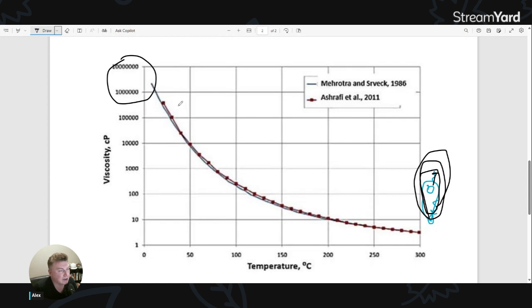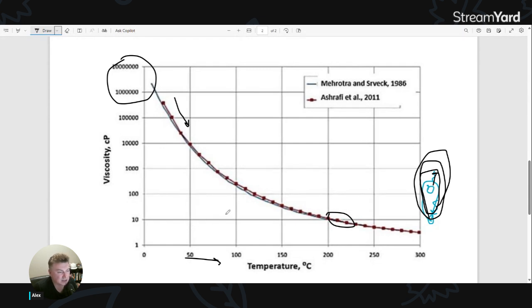And what ends up happening when it comes to viscosity is you see a reduction in that viscosity as a function of the increase in temperature. When you increase the temperature in the steam chamber, the more steam you inject, the more heat transfer you get, and at some point you get to about 200 degrees or so, where the viscosity is about, I would say, 10 centipoise or so.